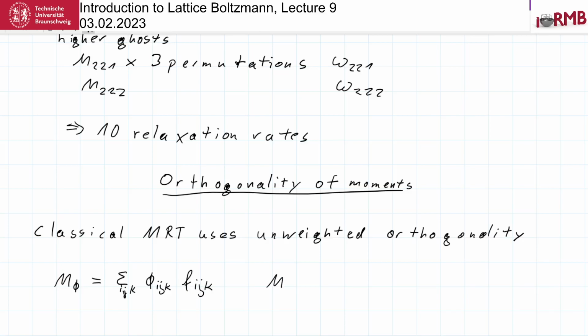Say we have a different moment, the moment m_psi. This is the same sum over ijk. I'm not indicating where the sum goes to and from, because this is always true for any lattice. So then it's psi_ijk times f_ijk.